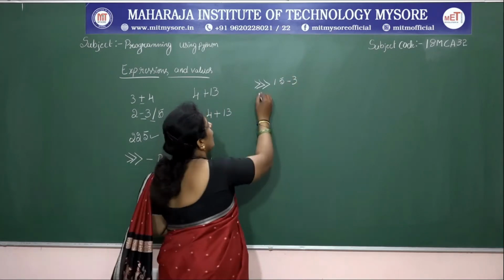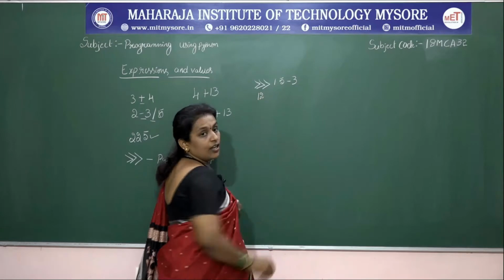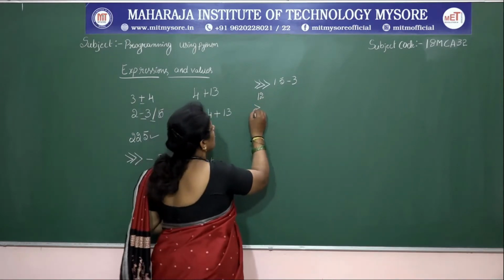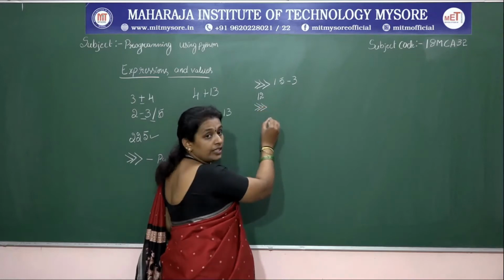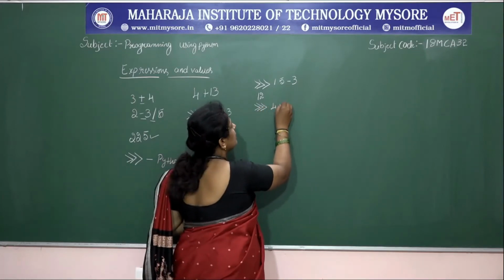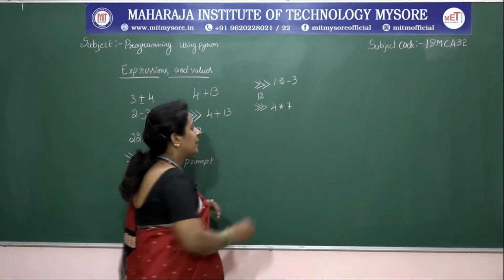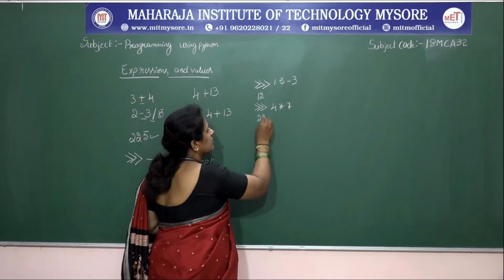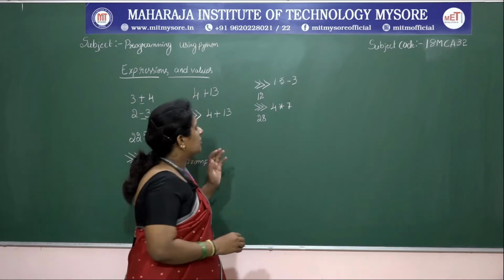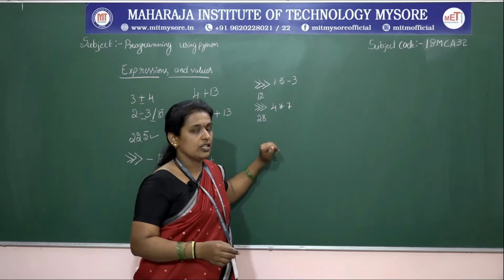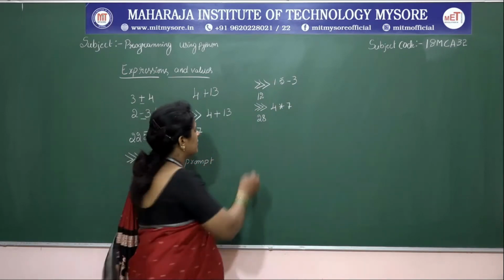It is 12. Like that we can perform multiplication, 4 multiplied by 7. 4 sevens are 28. So we have done addition, subtraction and multiplication, and we are left with division.